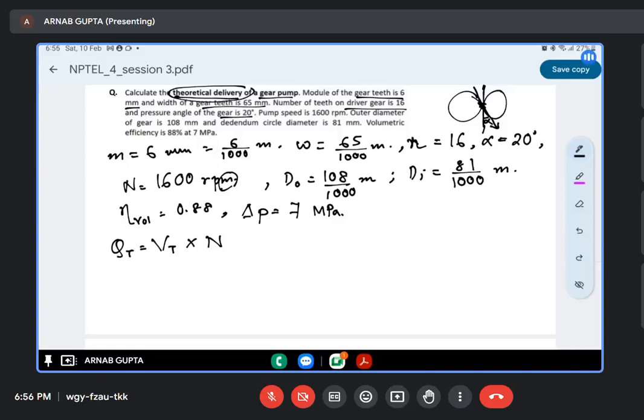Now you can apply two formulas here. One which is simple: pi by 4 into d outer square minus d inner square, into W. This is the width of the gear, and these two are also known.